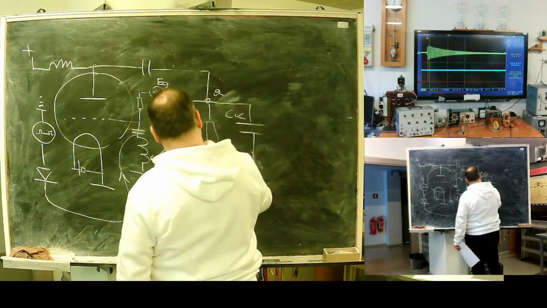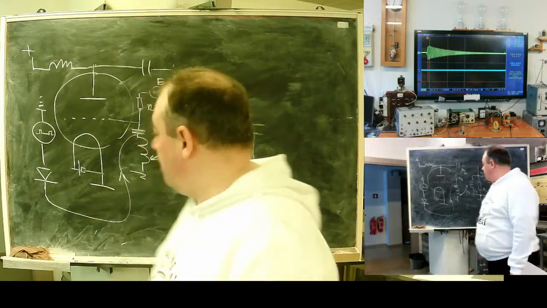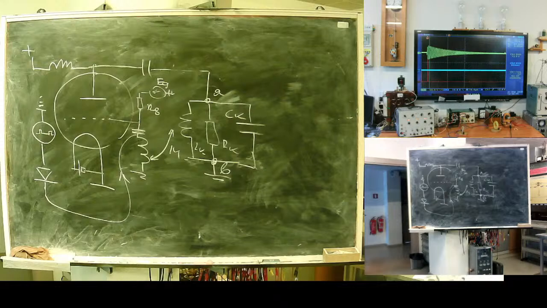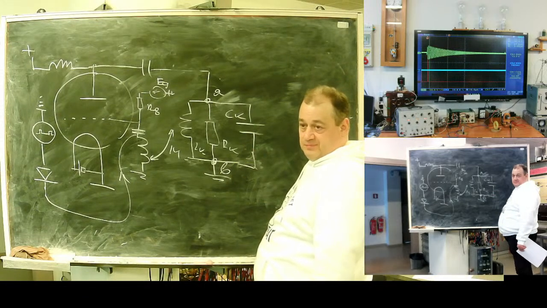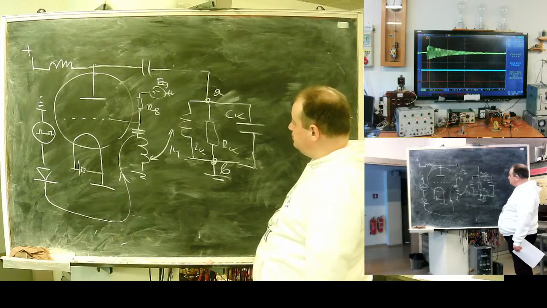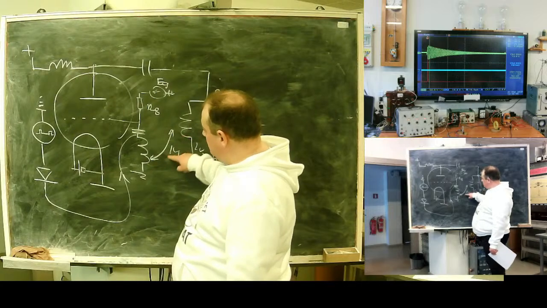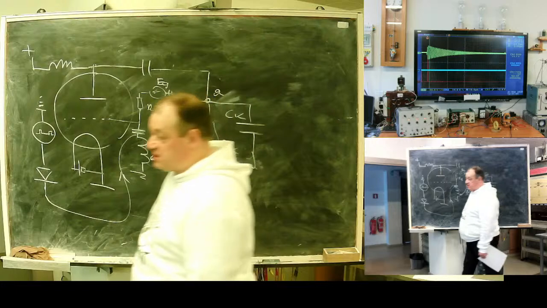Here is point A, here is point B. I have this network, a linear amplifier loaded with a resonance contour, and feedback with mutual inductance.